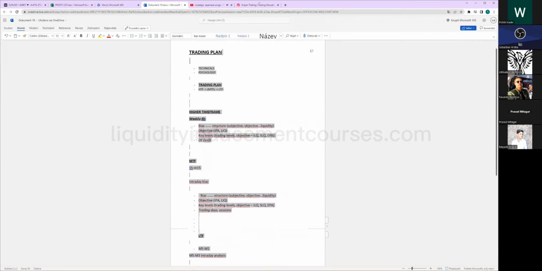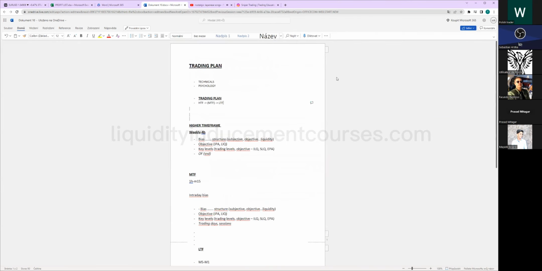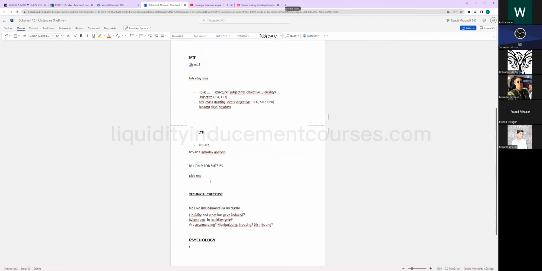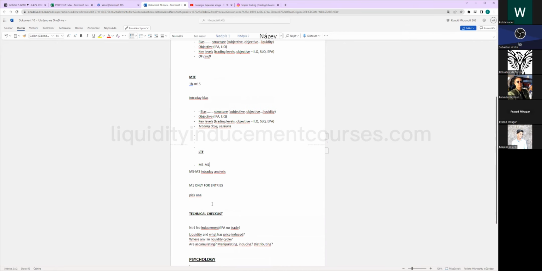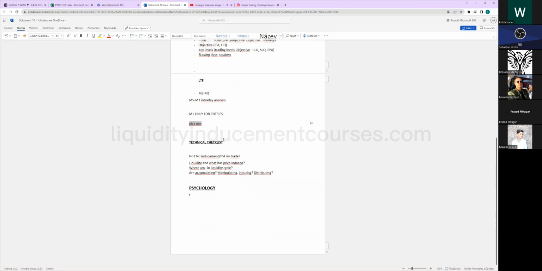No guessing. Okay. And then if you have data of one entry model and one way to identify key levels, then you have a trading plan done, basically. And then you can add entries, you can add way more entries, and then you eventually reach intraday mastery. It's as simple as that.